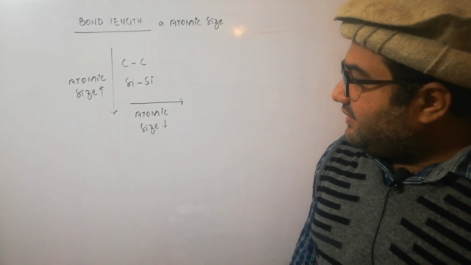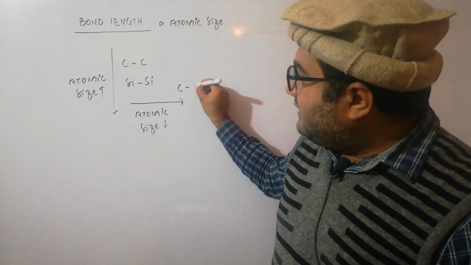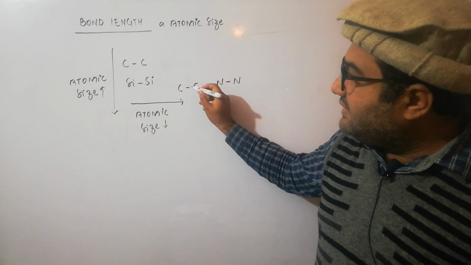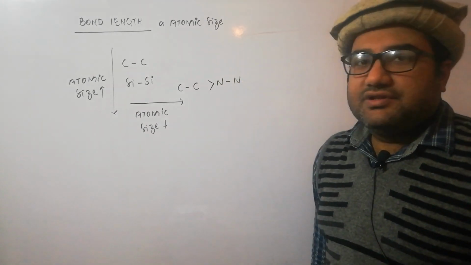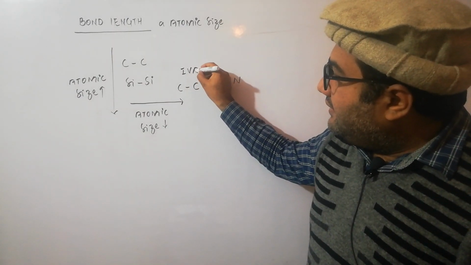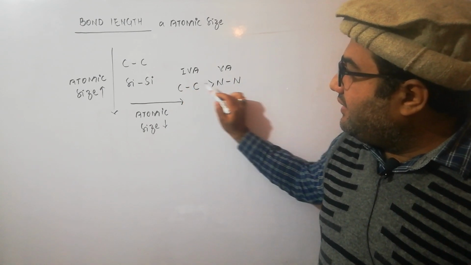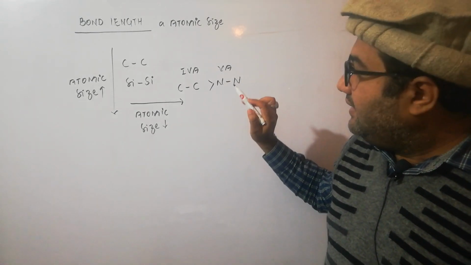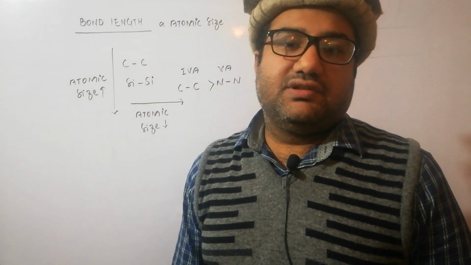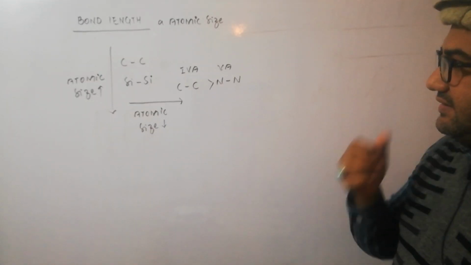And as the atomic size decreases, the bond length also decreases. So, in the second period, the bond length of the carbon-carbon single bond is greater than the nitrogen-nitrogen single bond. Why? Because carbon is an element of group 4A and nitrogen is from 5A. So carbon atoms have a greater atomic radius as compared to nitrogen atoms. That's why the carbon-carbon single bond length will be greater than the nitrogen-nitrogen single bond length. So this one is the first factor which affects the bond length, and that is the atomic size.